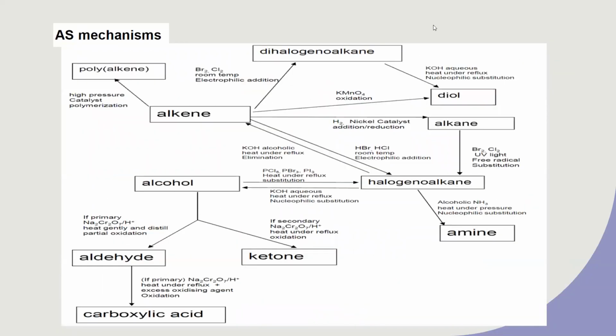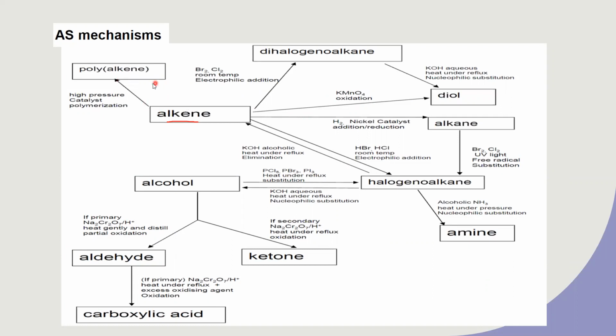Then the mechanisms in AS, which include both Unit 1 and Unit 2. As we are concluding Unit 2, this is just a quick revision. The AS mechanism: if you have an alkene and catalyze it using high pressure, you can polymerize it, so it will form polyalkene.